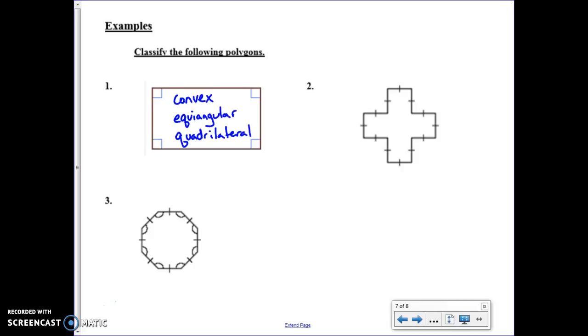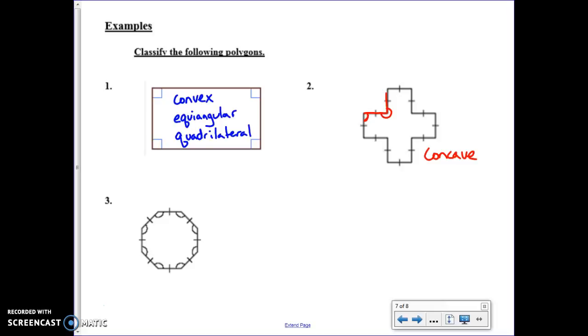All right, looking at this next one, I see that these sides are caving in here. So I'm calling this concave. Then it looks like it could be equiangular, but this angle is not the same as this angle, and we don't have any markings telling us that the angles are the same.